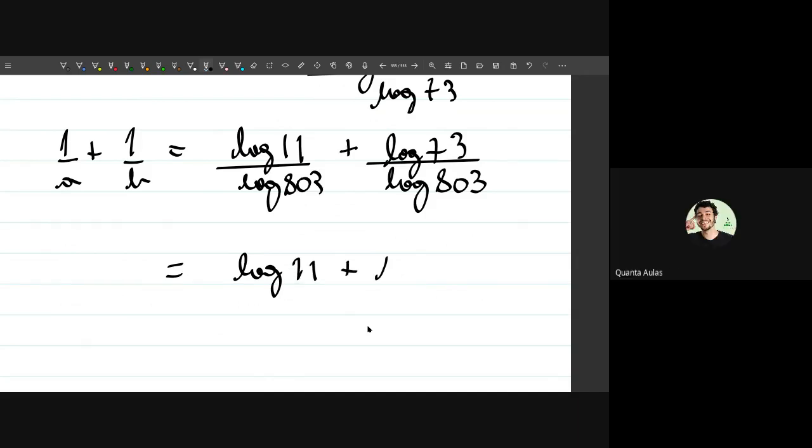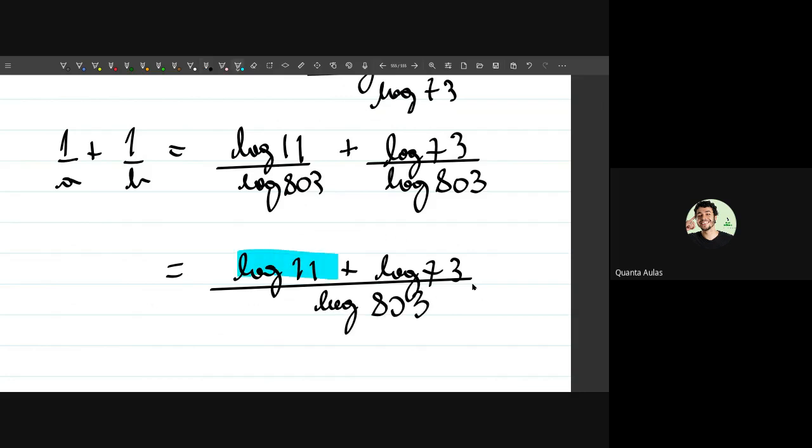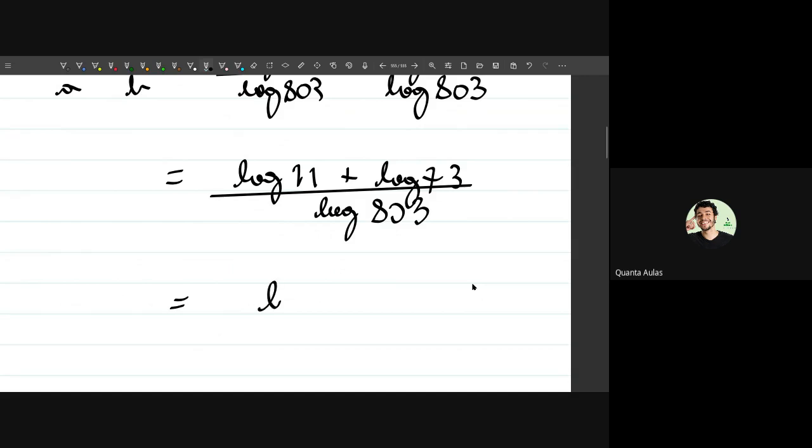But we need to know a very interesting thing. We have another logarithm property here because we have a sum of logarithms. When we have a sum of logarithms, it's the same thing as the logarithm of the multiplication of the inside parts, right? It's a property.